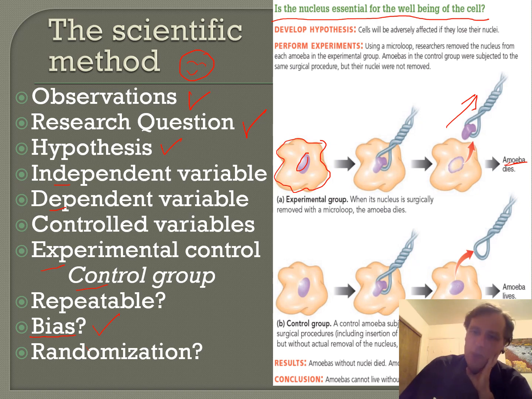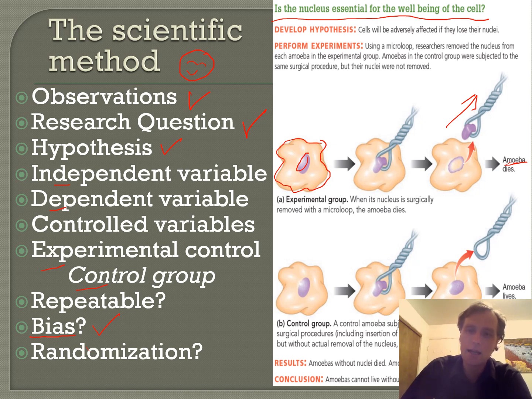It may have been that simply by collecting these cells, I mean, cells don't just jump into your lab and ask you to experiment on them, it may have been that something about how you collected them was in fact what killed them. It just so happened that you also took out their nucleus before they died, even though they were already on the way to dying. Another thing is this: the experiment itself could have killed this cell.